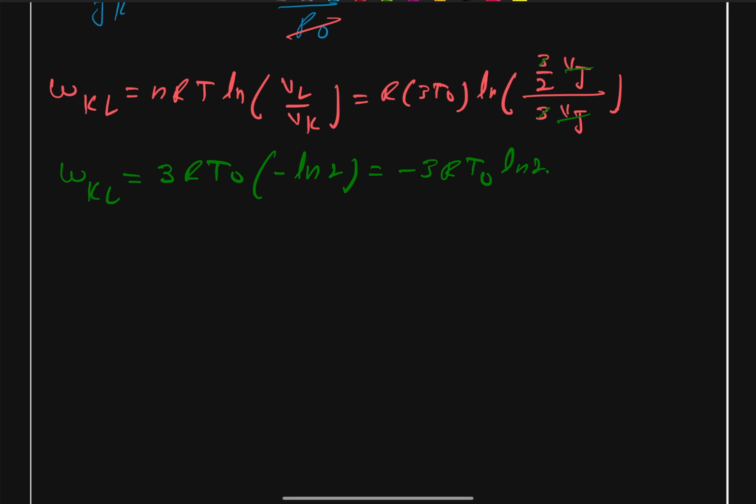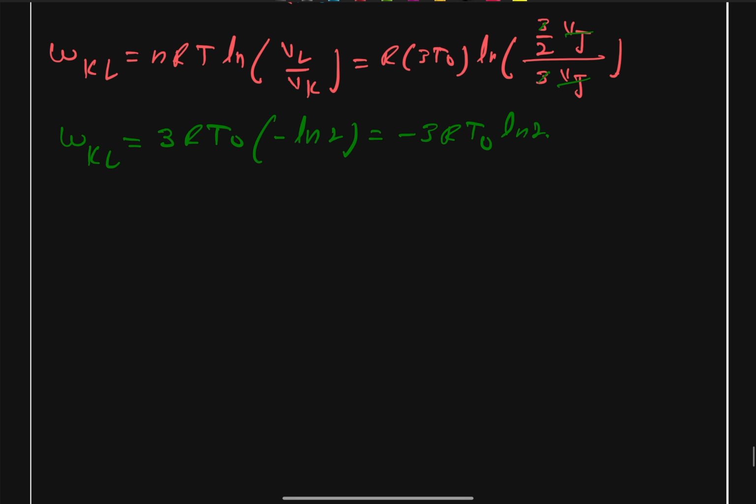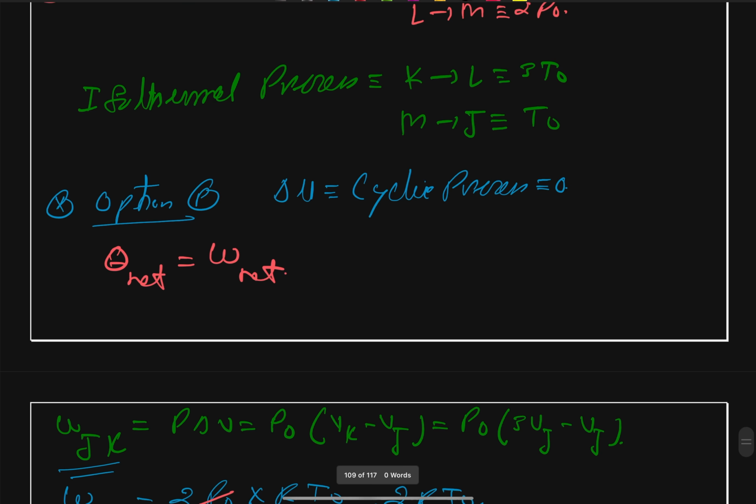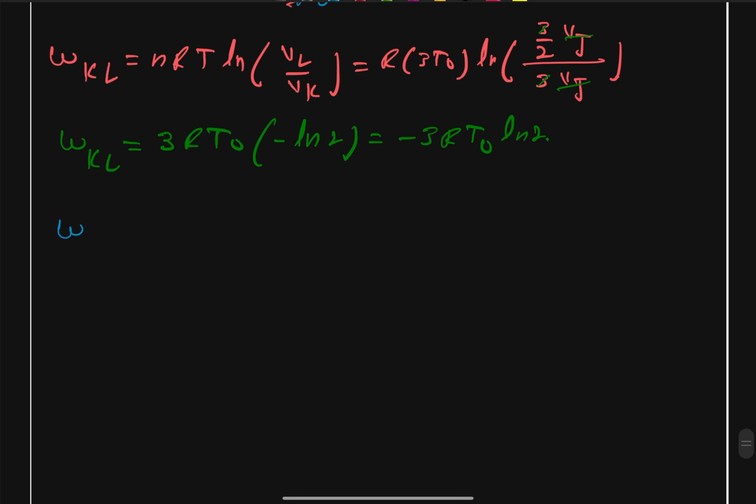And next is our W_KL, LM, which is also isobaric, so that will be P times delta V, and P is twice P naught.